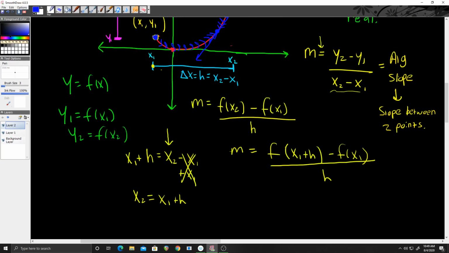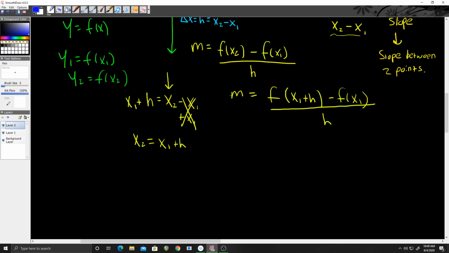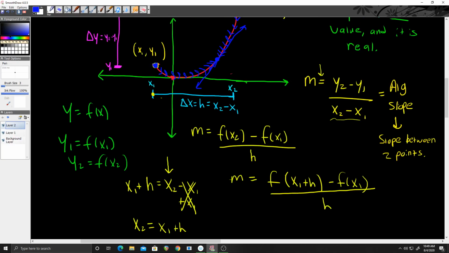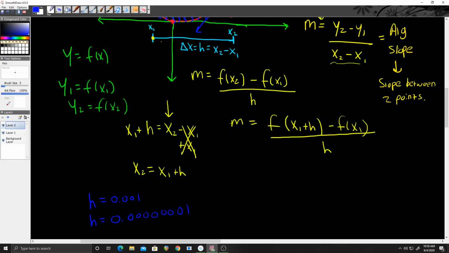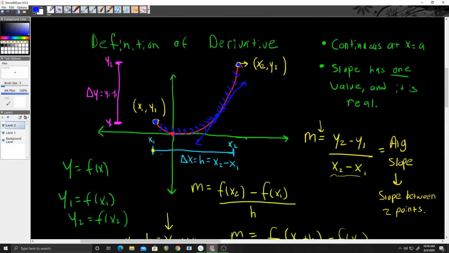For example, h is the gap between x1 and x2. h could be 0.001. h could be 0.0000001. There's no limit to the number of zeros that I can put before the 1. So we can take these two yellow points and get them as close together as possible. And that is the idea behind this derivative thing, this calculus slope, this slope at 1 point.